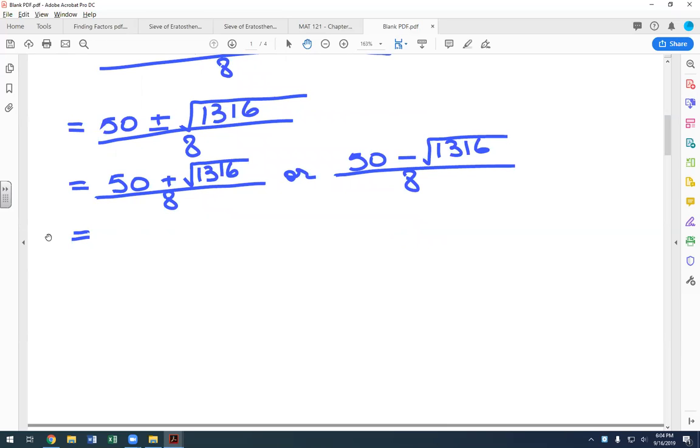Okay. 50 plus square root. Yes. 10.79. Yeah, you're going to get 10.79, and when we do 50 minus the square root of 1316, so it's round to 2 decimal places, what do we get?